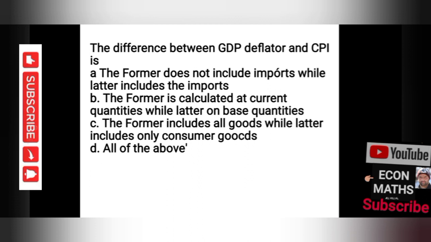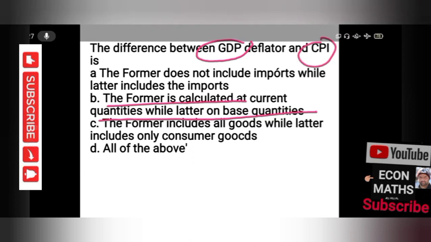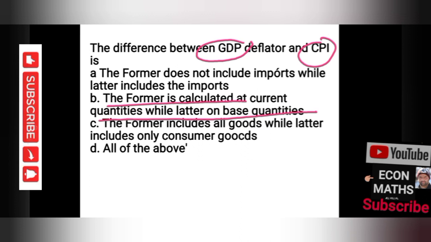B option is the former is calculated at current quantities while the latter on base quantities. Yes, that is also true. GDP deflator is calculated on the current quantities, while CPI is calculated on the base quantities.